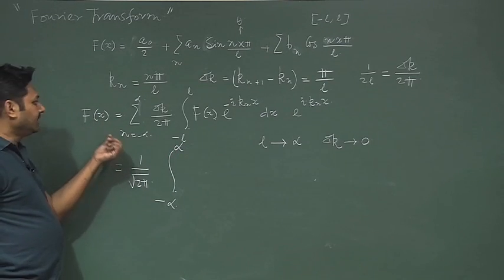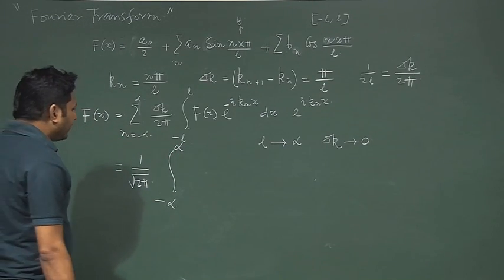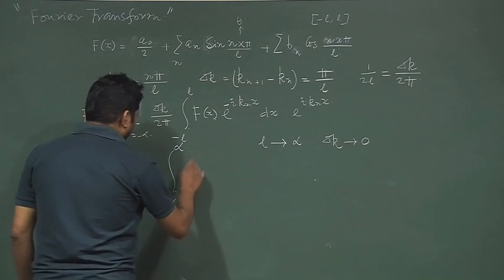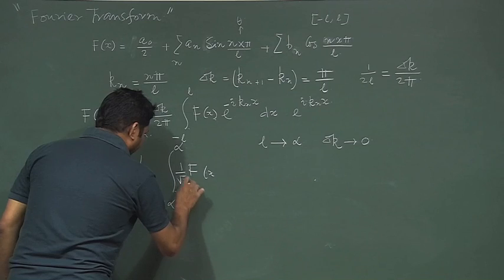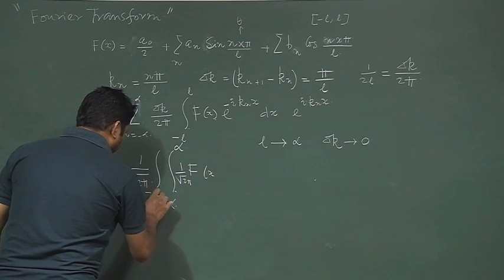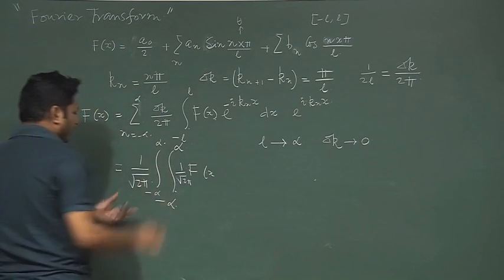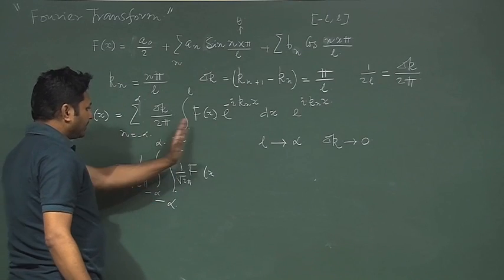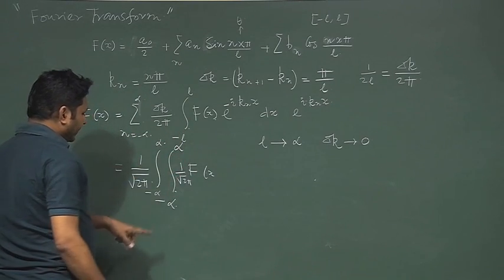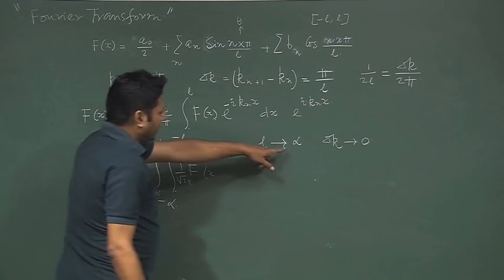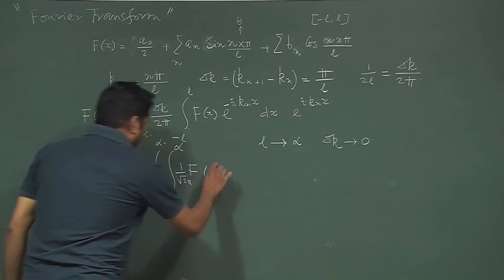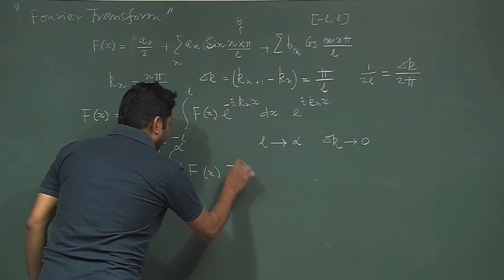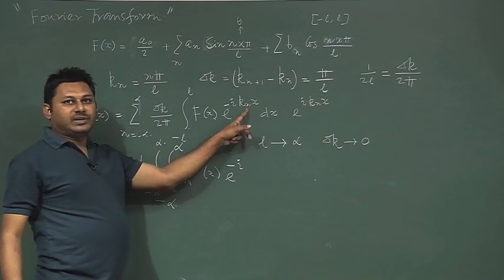The only thing is that n is now not a discrete function, it is something f of x, 1 by root over 2 pi. The limit is also minus infinity to infinity. So, I will put this integration also, and I push this integration by putting L tends to infinity and minus infinity. So, here these things e to the power of minus i, since the discretization of k goes away.